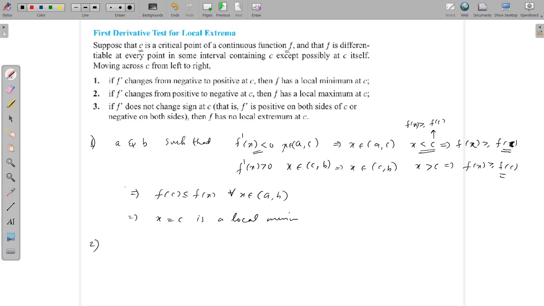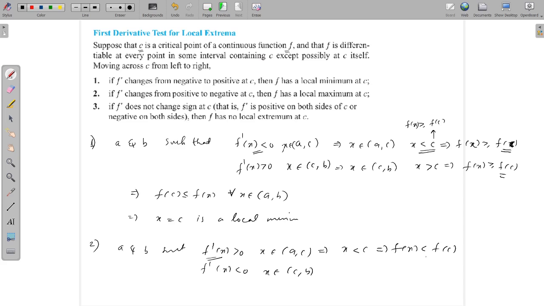Similarly, for the second case, you can find a and b such that f dash x is greater than 0 in the interval (a, c), and f dash x is less than 0 in the interval (c, b). So x less than c implies f of x less than f of c, because f dash x is greater than 0, so we have increasing nature in that interval.